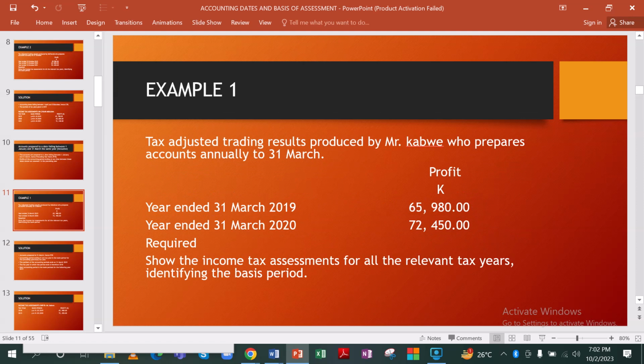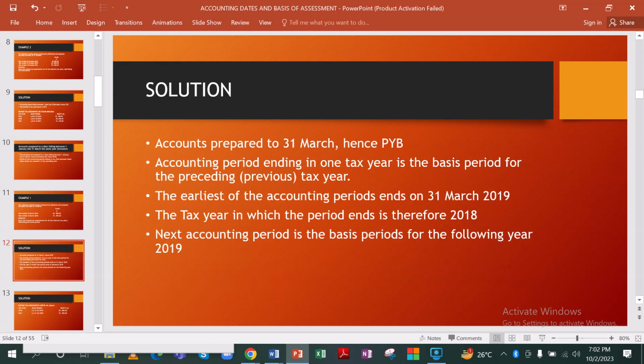That's what you show with the 5,980 kwacha. Okay, so that's what we have. And then the tax year in which the period ends will therefore be 2018. Why? Because we are using the preceding year basis.